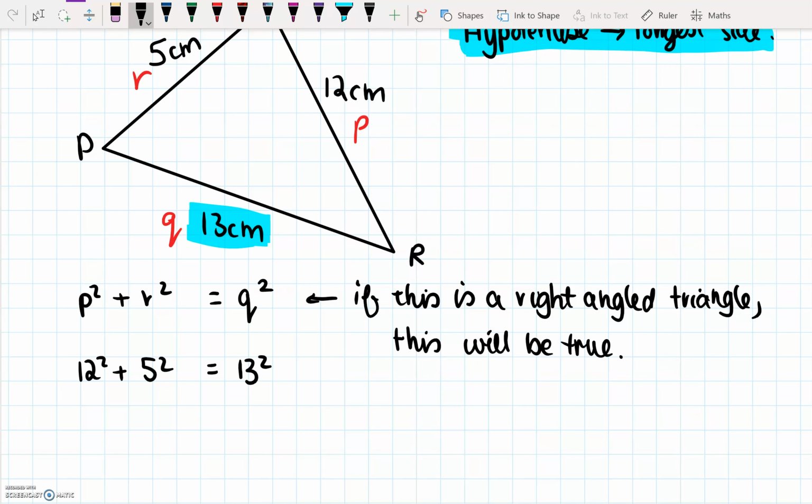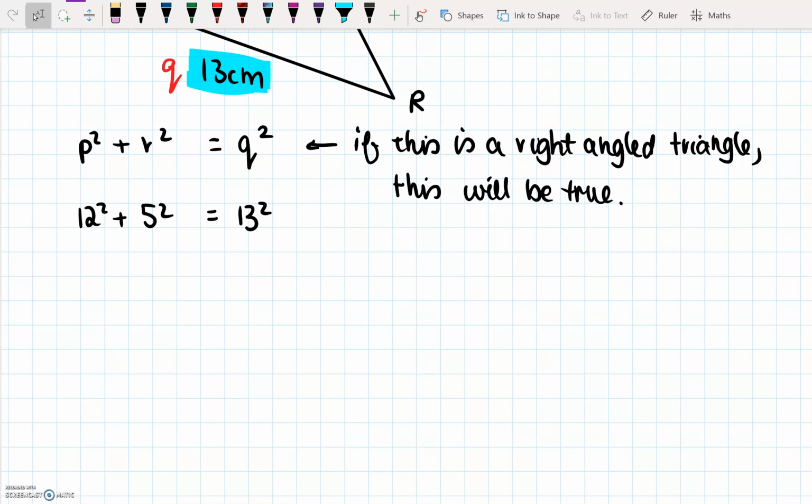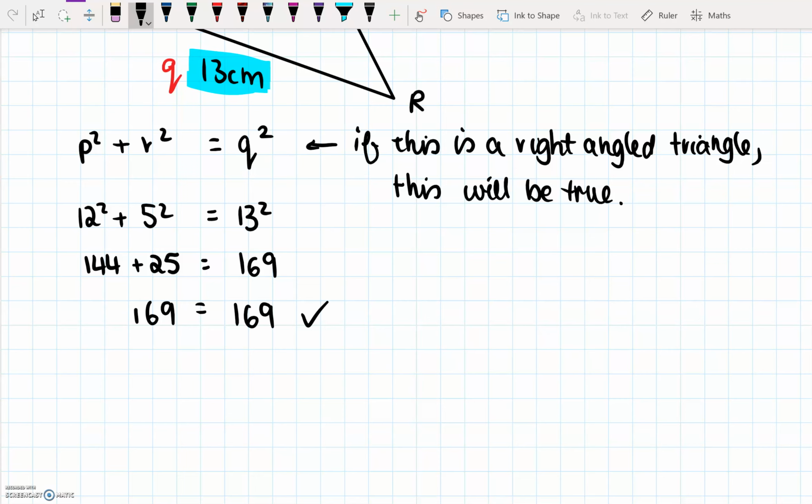I picked these numbers deliberately. So 12 squared, we know from the last unit, is 144, plus 25 is equal to 13 squared, which is 169. 144 plus 25 is, surprise, 169. Now this is true.